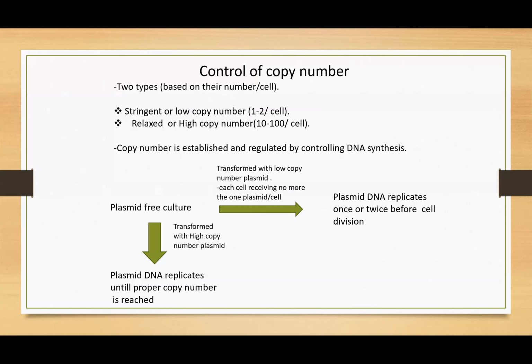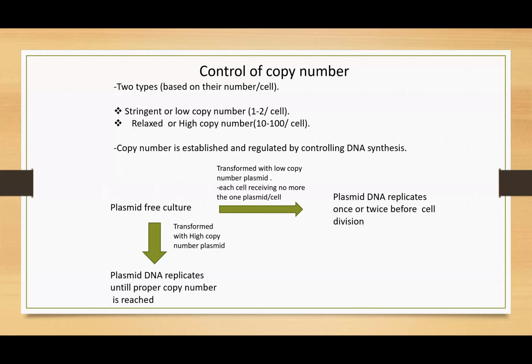And if a plasmid maintains a high number, that is 10 and above, we call that a relaxed plasmid or high copy number plasmid. So this is one way of putting different plasmids into these two categories based on their number present in a cell.